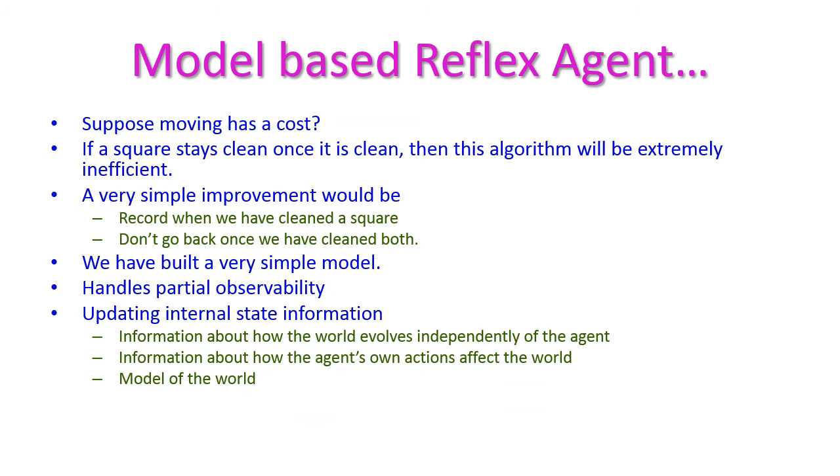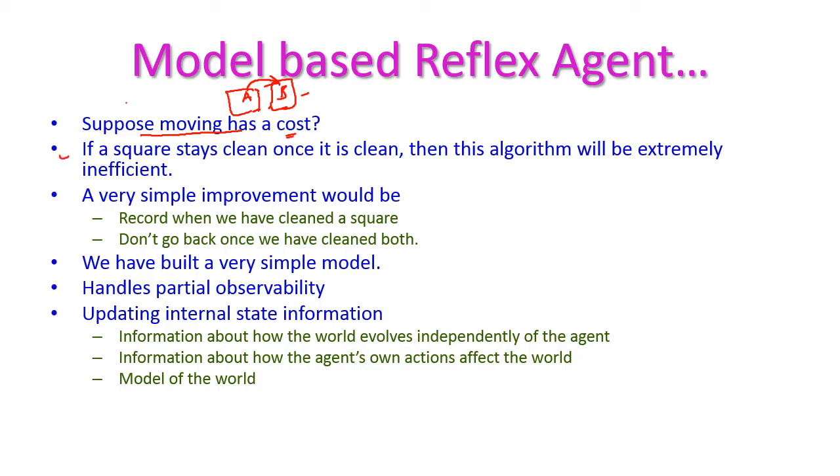And now let us see the drawbacks of the simple reflex agent. When we come to the vacuum cleaner agent, suppose moving has a cost. For example, we need to move from A to B. This is the A block and this is the B block. If there is a cost of moving from one block to another, what will happen? Because in the simple reflex agent there is no such cost information.